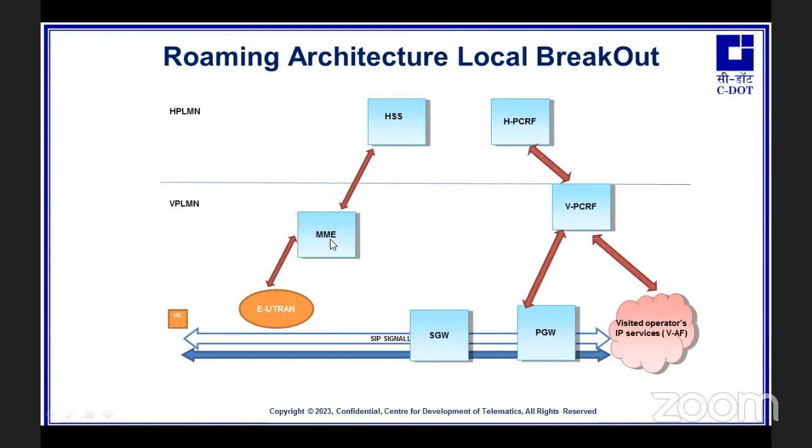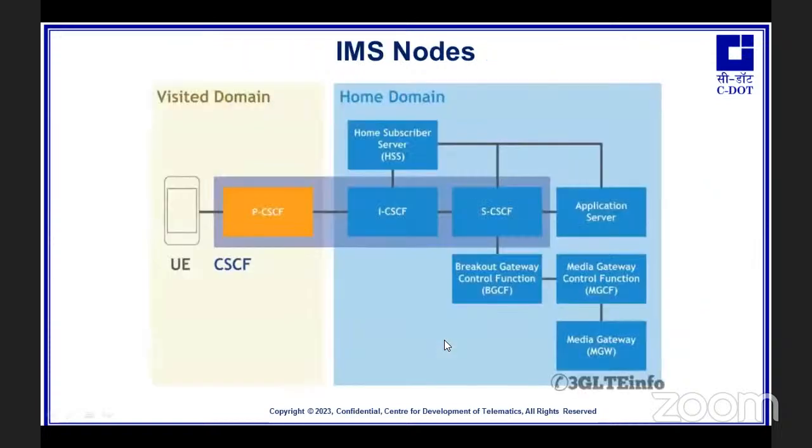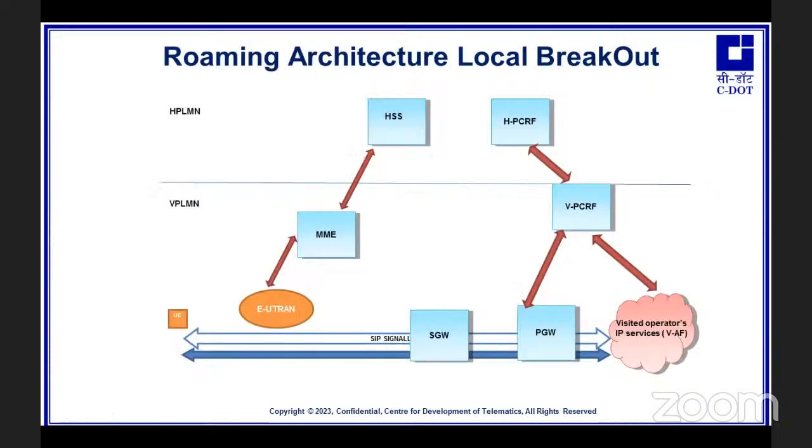So once authentication takes place, it is at the HSS. You have to define the roaming type in HSS actually. So in HSS, MME gets to know that I have to give local service for that particular subscriber, right? So MME will send a create session request to S gateway, telling S gateway to select this visited P gateway for service, right?